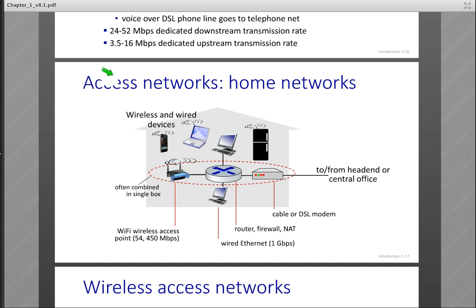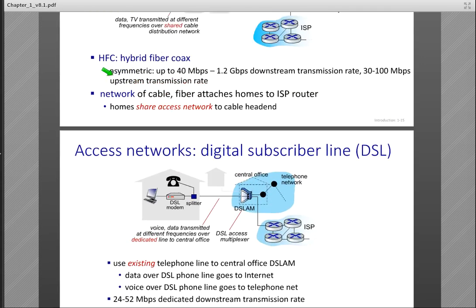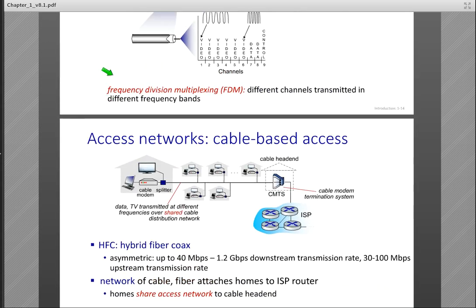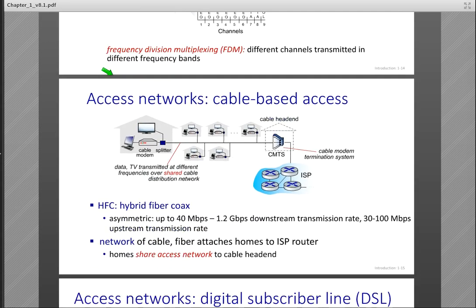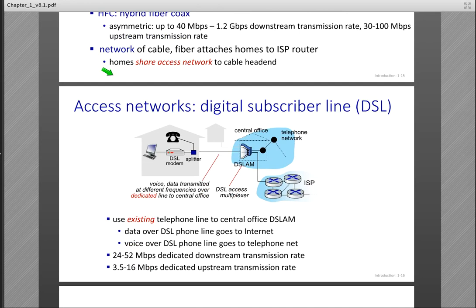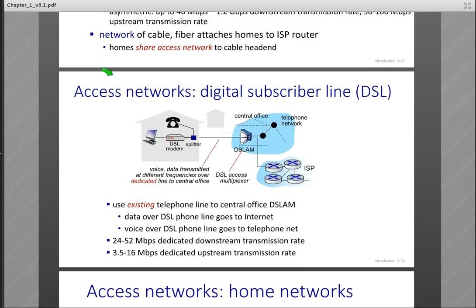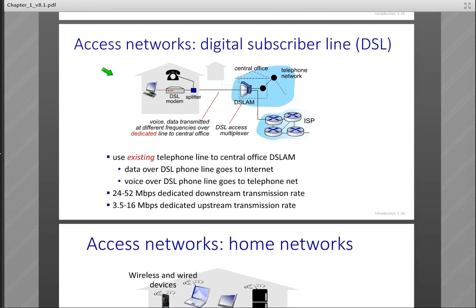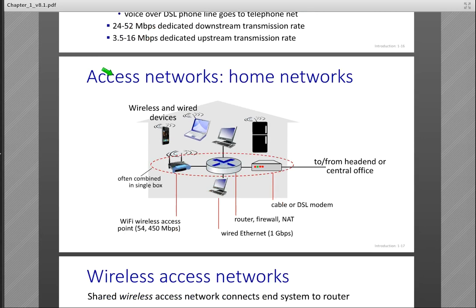In the last session, we talked about networks, and we reached the topic of access networks. We said that we can use cable modem access networks, or different types of DSL technology.